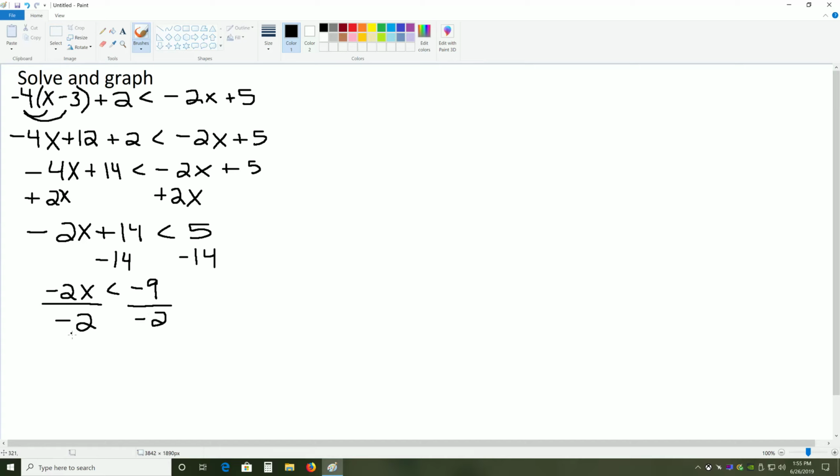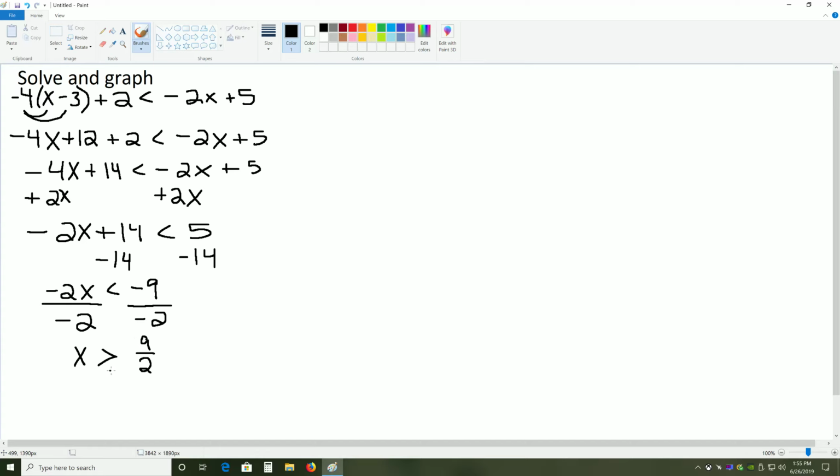So with that, we end up with x and positive 9 over 2, but in the middle, we have to switch the inequality because we divided by a negative number, which gives us x is greater than 9 over 2.